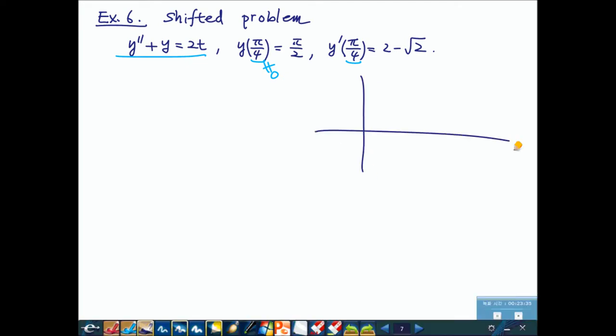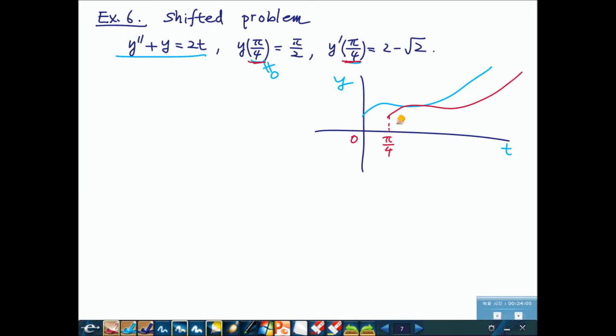Say there's some arbitrary function, this is time, and this is y. I don't know what y will be, but it starts from pi over 4. That's the initial condition not starting from 0; in this case it starts from pi over 4.